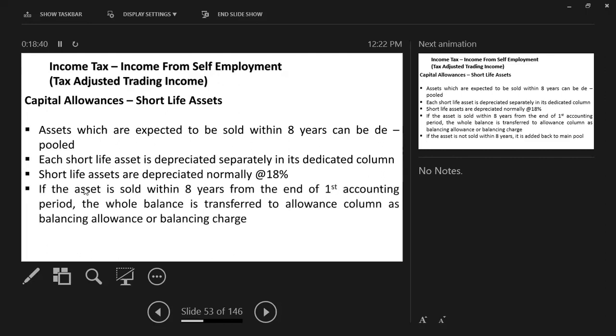Next point, please write: if an asset is sold within 8 years from the end of the first accounting period, the whole balance is transferred to the allowance column as balancing allowance or balancing charge. This is what we already discussed. Whenever an asset is sold, the balance is transferred to the allowance column as a balancing allowance or balancing charge.